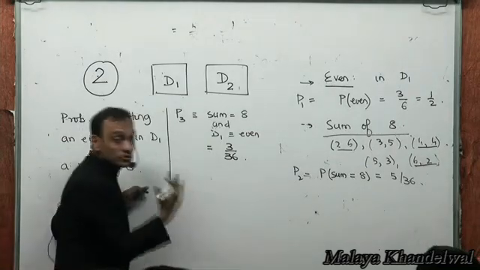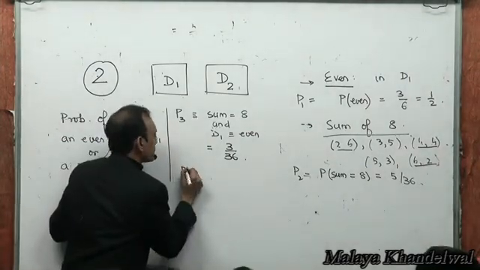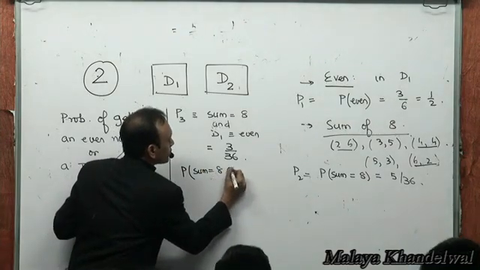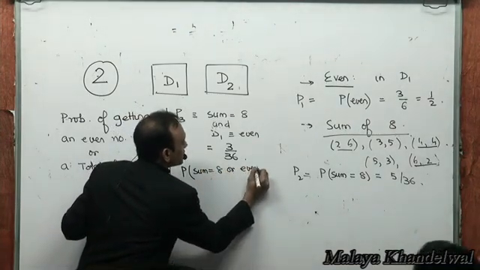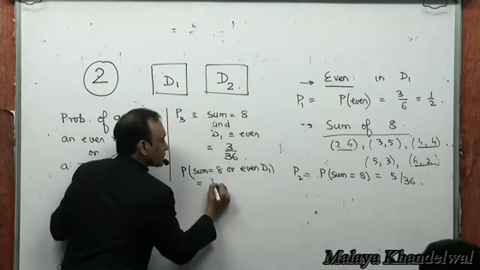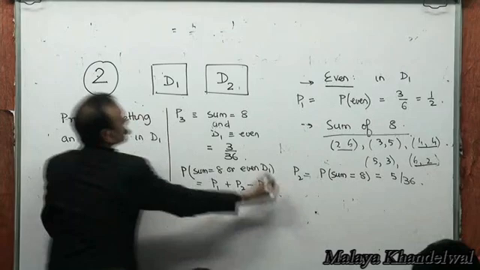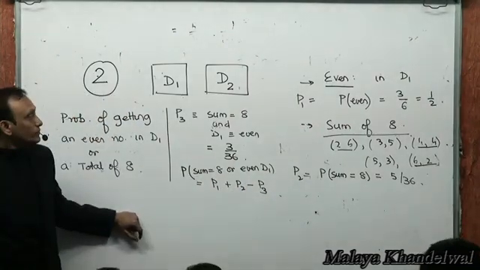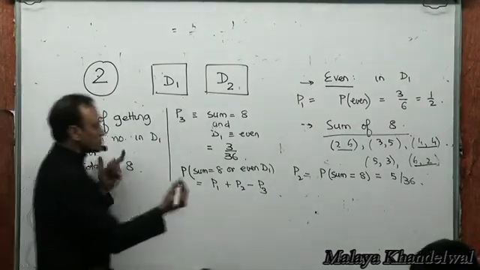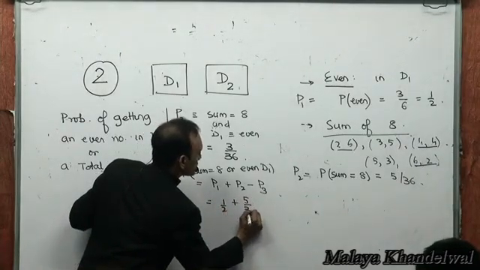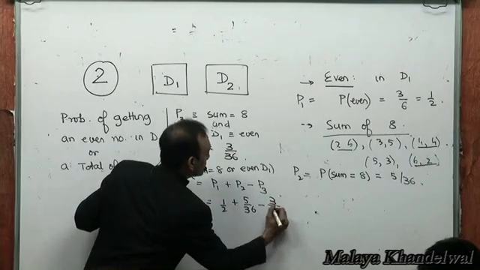Now, principle of inclusion exclusion. Probability of getting sum 8 or even number in D1 is going to be P1 plus P2 minus P3. Yes or no? So now P1 is half, P2 is 5 by 36, minus P3, which is 3 by 36.